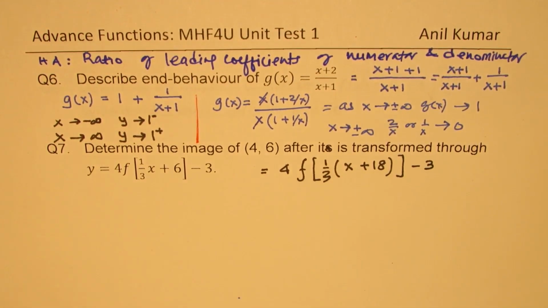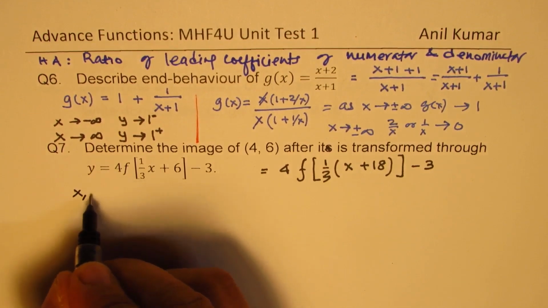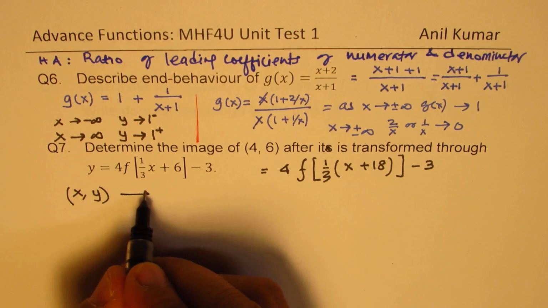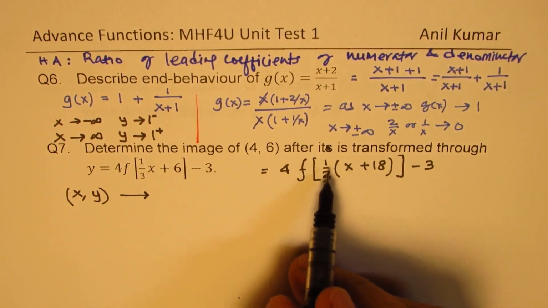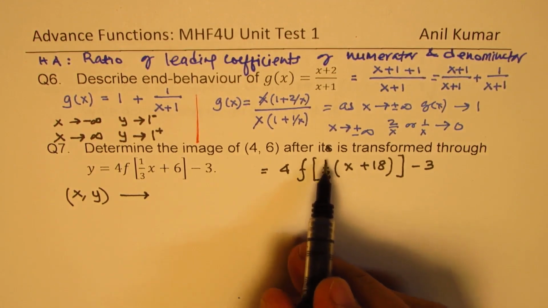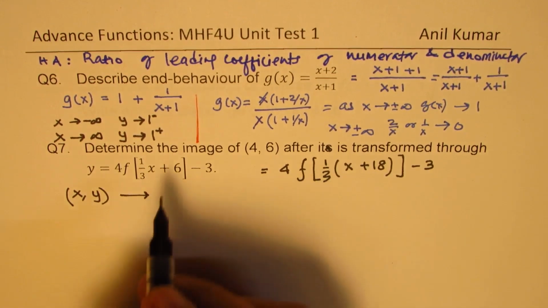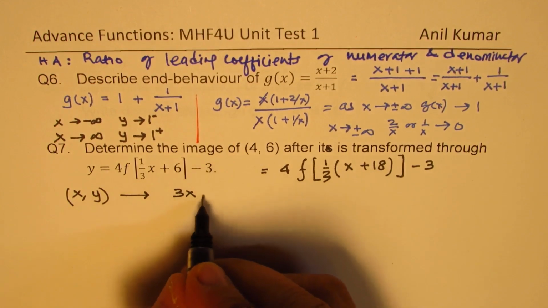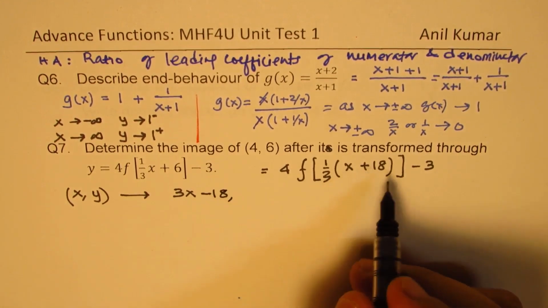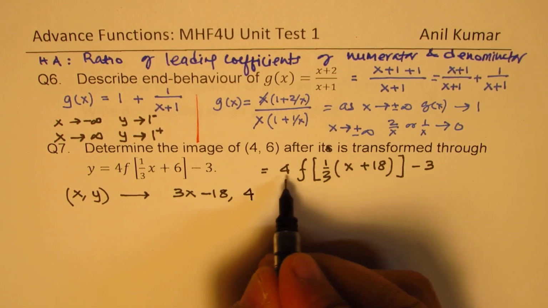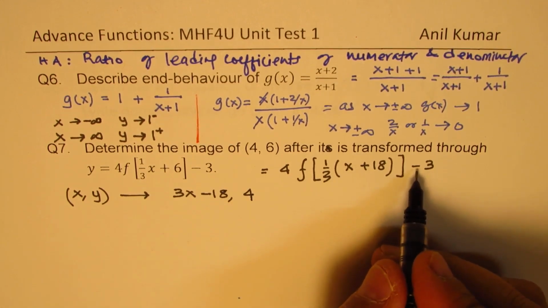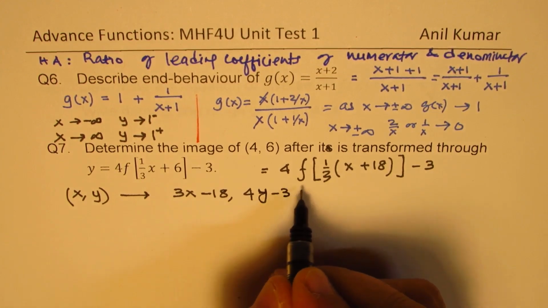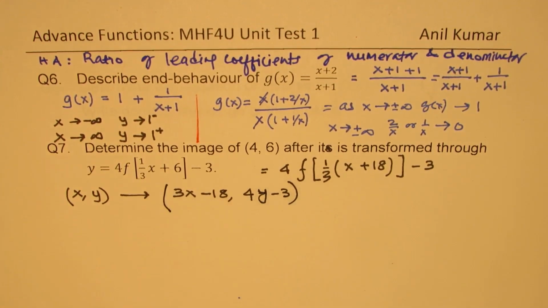Now when that is your function, you can write down the transformations. A point (x, y) on the original function will now get transformed. The x value will get multiplied by 3, so it is a horizontal stretch by a factor of 3, and move 18 units left, minus 18. As far as the y value is concerned, it will get multiplied by 4 and will move 3 units down. So 4 times the y value, minus 3, right? So that is how the coordinates will change.